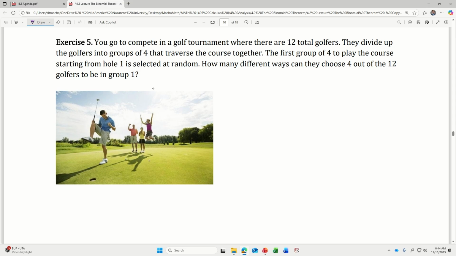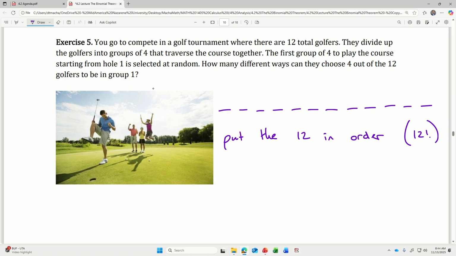So here's what I suggest. We've got 12 golfers. 1, 2, 3, 4, 5, 6, 7, 8, 9, 10, 11, 12. Let's put the 12 golfers in order. And remember, that's going to be 12 factorial different ways to do that.